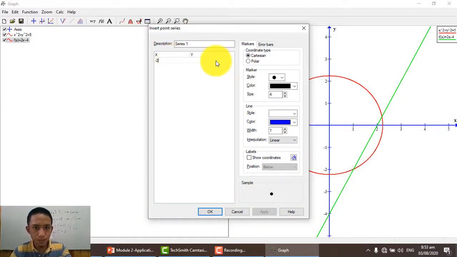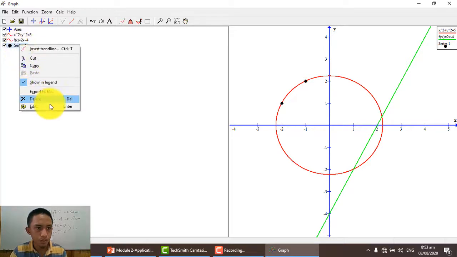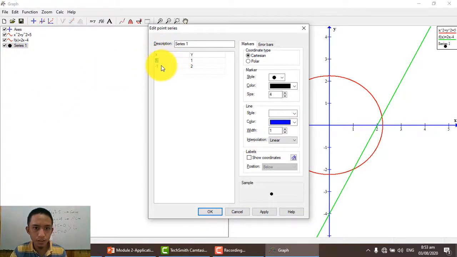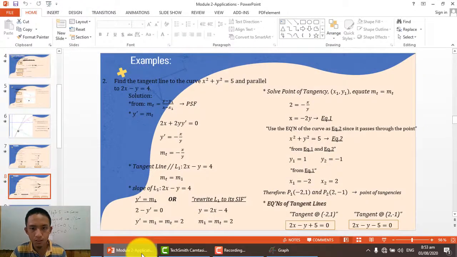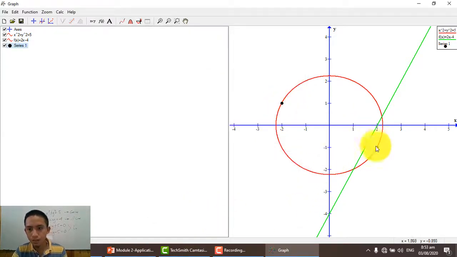Negative 2, 1, and positive 2, negative 1. Okay, so these are your points of tangency.